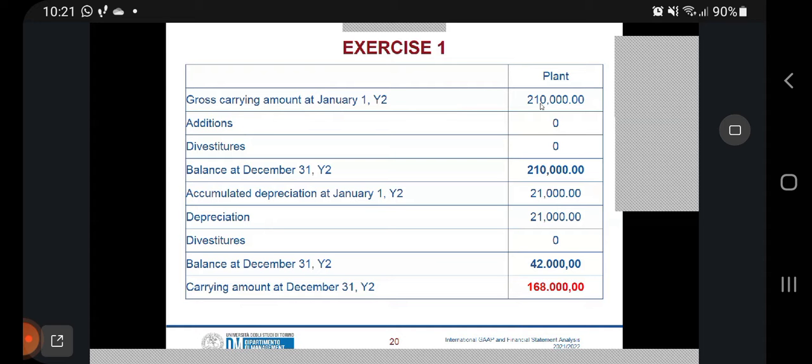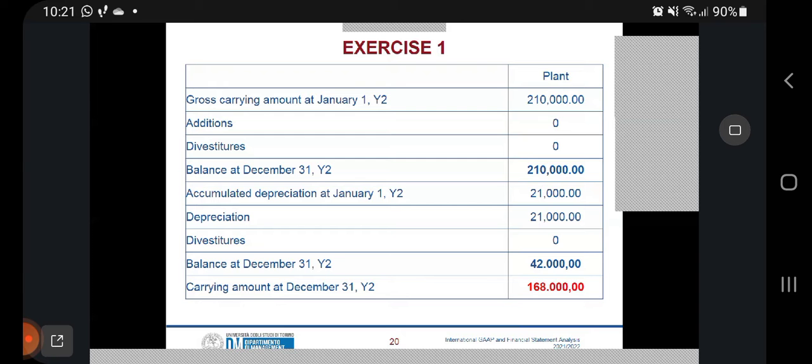For the second year, no additions, no divestitures, and then obviously the balance at the 31st December year 2 is equal to 210,000. When considering accumulated depreciation, depreciation 21 for the second year, and then the balance at the 31st December year 2 is equal to 42,000.